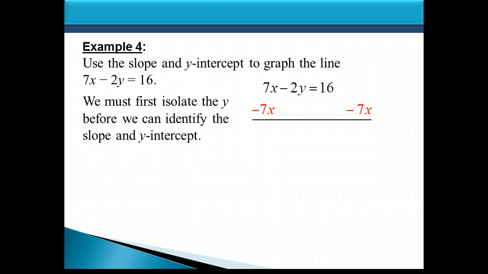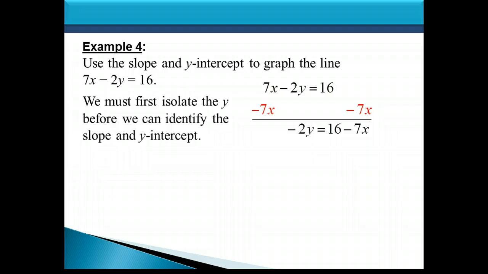We can do this by subtracting 7x from both sides to get the x term on the opposite side of the y term. Then that will leave us with negative 2y, because the 7x's are going to cancel out. And then 16 minus 7x, or again you can reorder that as negative 7x plus 16 if you prefer.